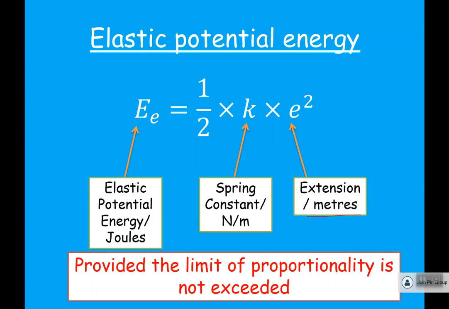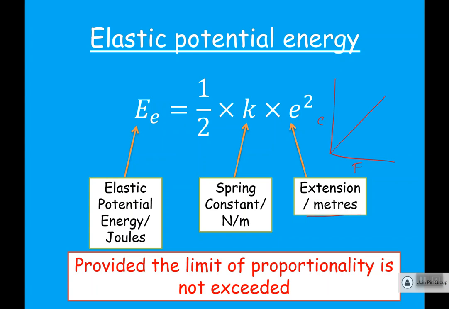Now, this equation only applies provided the limit of proportionality is not exceeded. If you imagine a graph of force against extension, to start off with, you should get a nice straight line where the force is directly proportional to extension. If you double the force, you double the extension, a straight line through 0, 0.